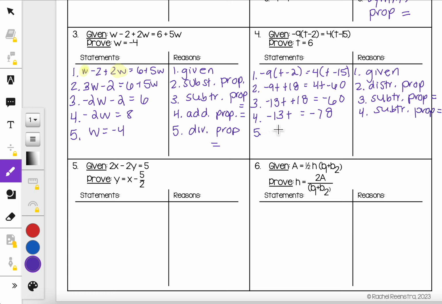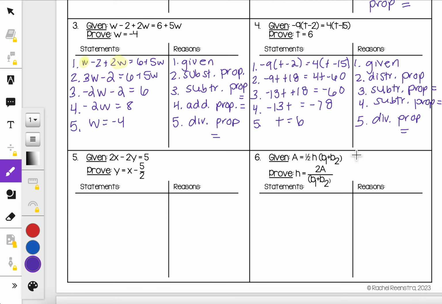And my last step, again, is division. Just like when you're solving an equation, a lot of the times that last step is division property of equality.